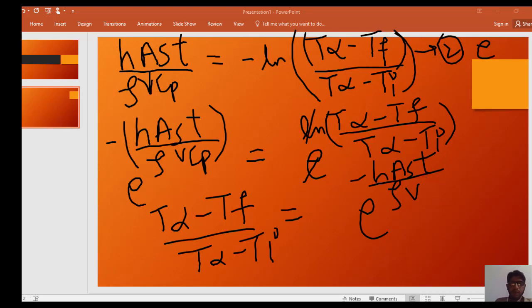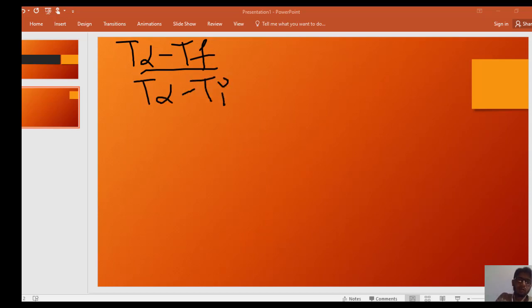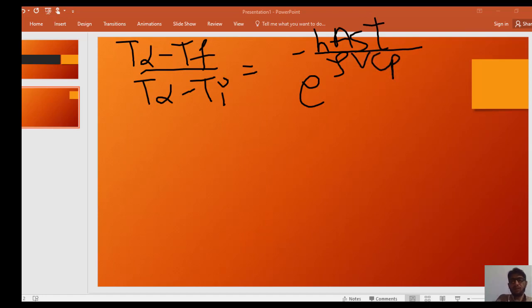So the final equation for transient heat conduction is T infinity minus Tf divided by T infinity minus Ti equal to e to the power minus h, the heat transfer coefficient of the air, times surface area of the sphere, times time for the heat transfer, divided by density times volume of the material times specific heat of the material.